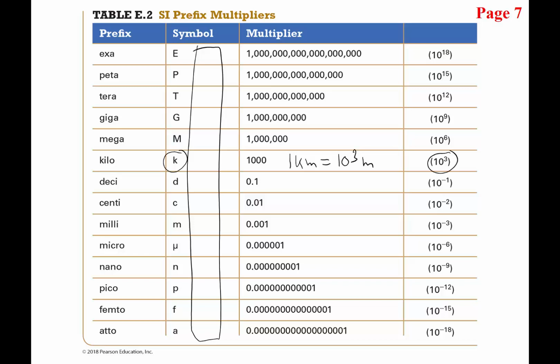Okay, so I'm going to go to the next slide just because it's blank. So if I have 1.4 kilometers, and I just looked up that 1 kilometer equals 10 to the 3 meters. It works the same way as centimeters to millimeters.